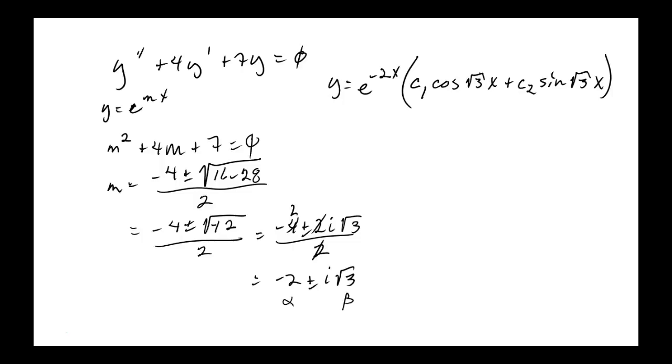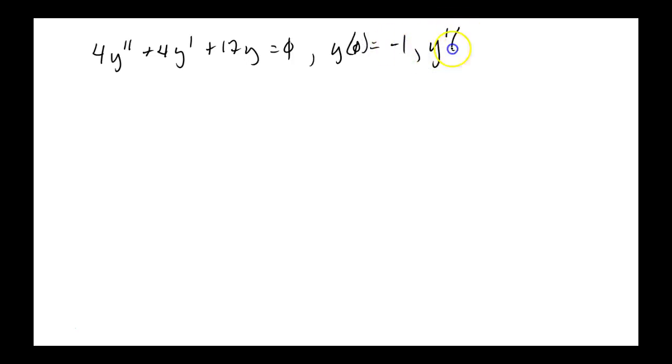Okay. Let's do example 2, where we get to actually figure out what those c's are, because we're going to have some initial values. Let's solve this one. 4y double prime plus 4y prime plus 17y equals 0, with the initial conditions that y of 0 is equal to negative 1 and y prime of 0 is positive 2.